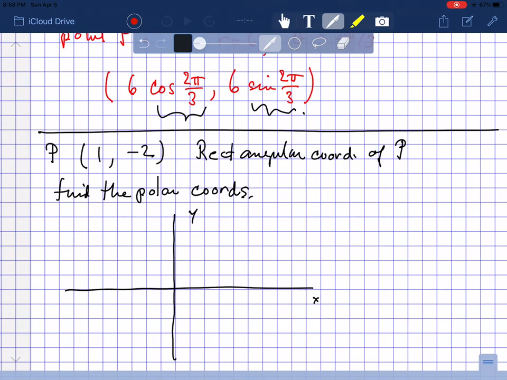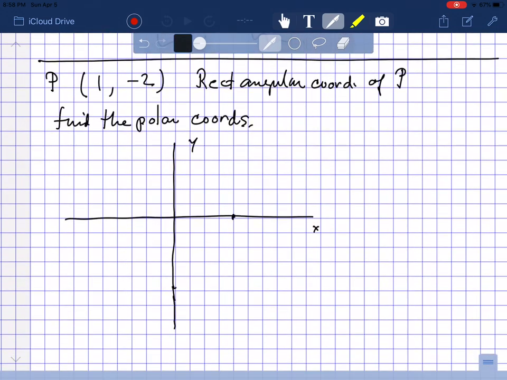So I'm going to draw my rectangular coordinate system. This point is going to be 1 unit in the x direction and 2 units down. So it's down here. So here's my point P. So this is 1. This is -2.